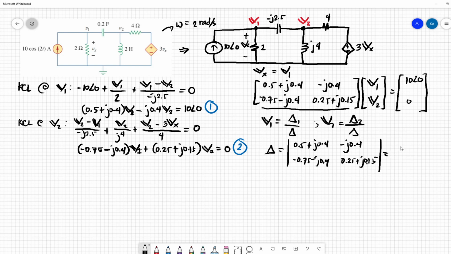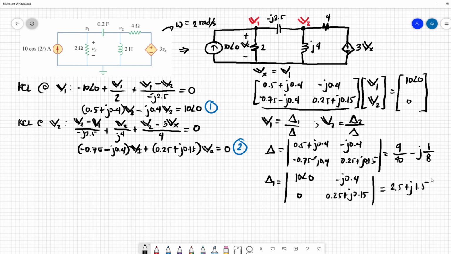So this is equivalent to 9 over 40 minus J 1 over 8. For delta 1, this is equivalent to 2.5 plus J 1.5. Now for delta 2, this is 7.5 plus J 4.